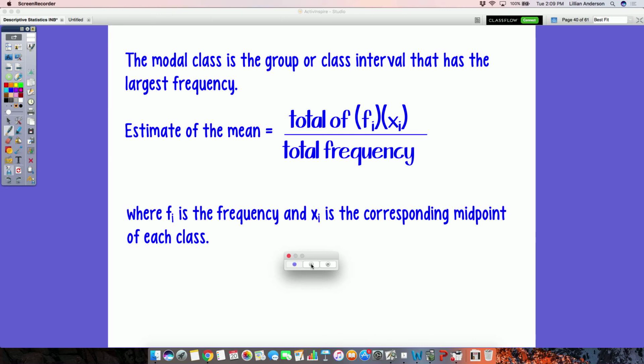So again, f represents the frequency, and x represents the midpoints of each of the classes, groups, intervals. That's why it's an estimate. You're finding the midpoint of each, multiplying by its corresponding frequency, adding them all up, and dividing by the total frequency that we have.